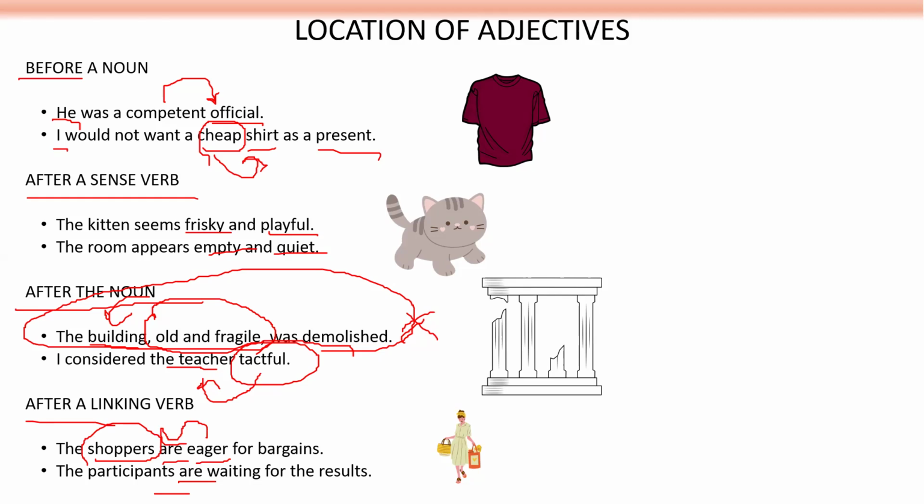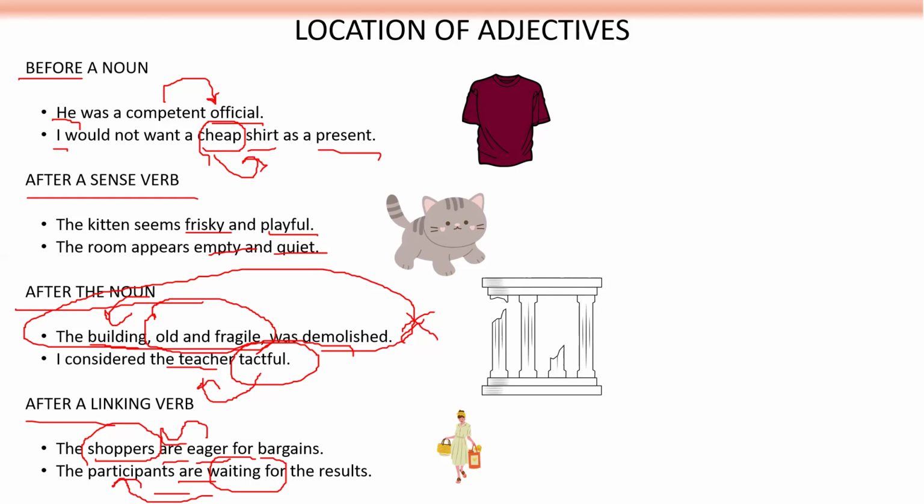This is an easy example, right? The participants are waiting for the results. Waiting is a word that describes the noun participants. And they are located after. Okay, you might be confused because these words such as waiting, it's also like a verb, right?